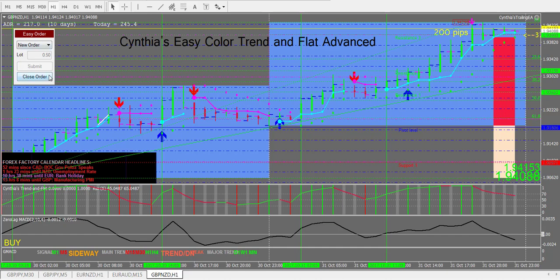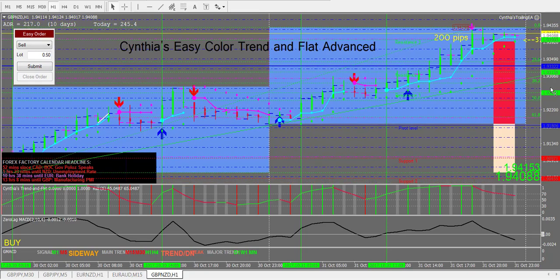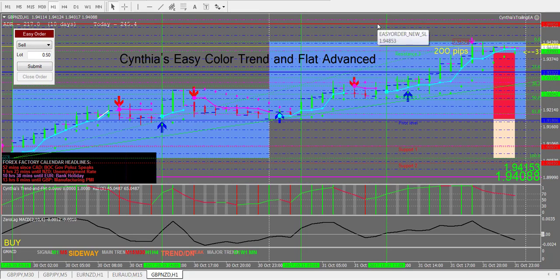It's a script, and say I wanted to place a sell order, I would click sell, and this is the take profit, and the stop is placed up here and is placed automatically with one click at the latest support and resistance on the time frame that you're in.